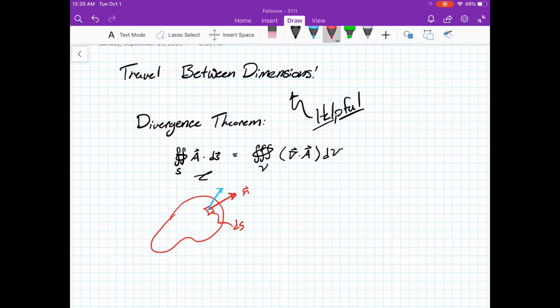Because we talked about it in the divergence, gradient and curl video. This is how much this field is spreading out, right? And if it's spreading out throughout this volume, we're essentially saying the same thing as how much of it is moving through the surface that encloses the volume, right? Very helpful, very useful. Definitely put it on your crib sheet.